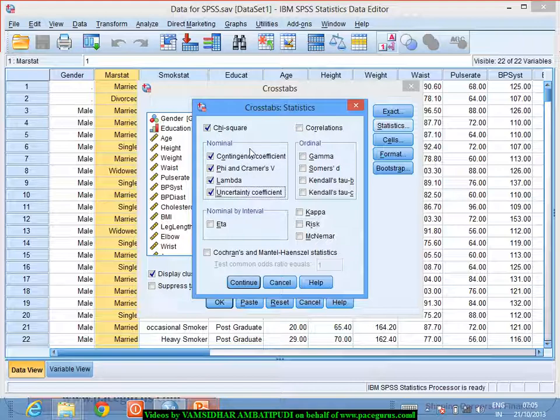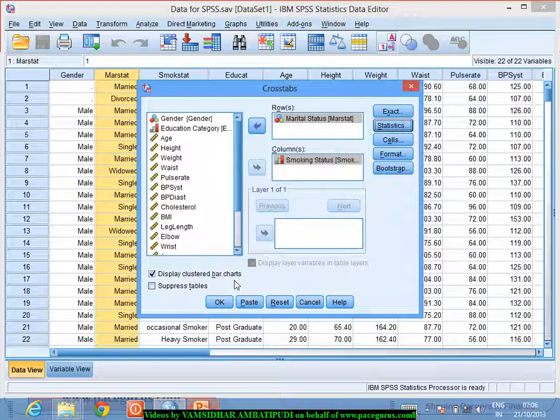Whereas if they are really dependent, what is the strength of their relationship? The strength of their relationship is what is given by the various calculations. So if we have one nominal variable in our calculation, I would prefer using these things, and if both are ordinal, I would go with these things, right? But the way we analyze, I'll come to that. So I'll select these things and simply say OK.